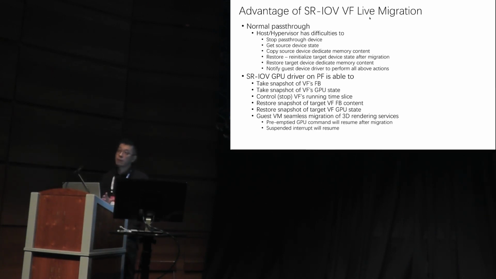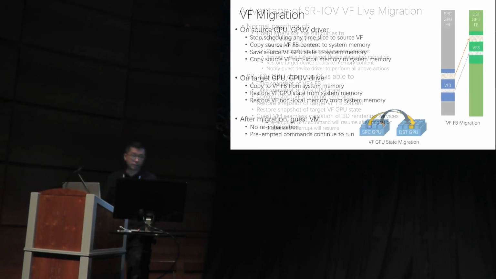All of those are preempted at migration time, so if a command was not finished and stopped in the middle, after the migration I can resume from the point where it stopped and go forward. It can suspend the interrupt, and when coming back, we resume it as well. So it's seamless, like you just pause for a few hundred microseconds or maybe longer, and then you continue.